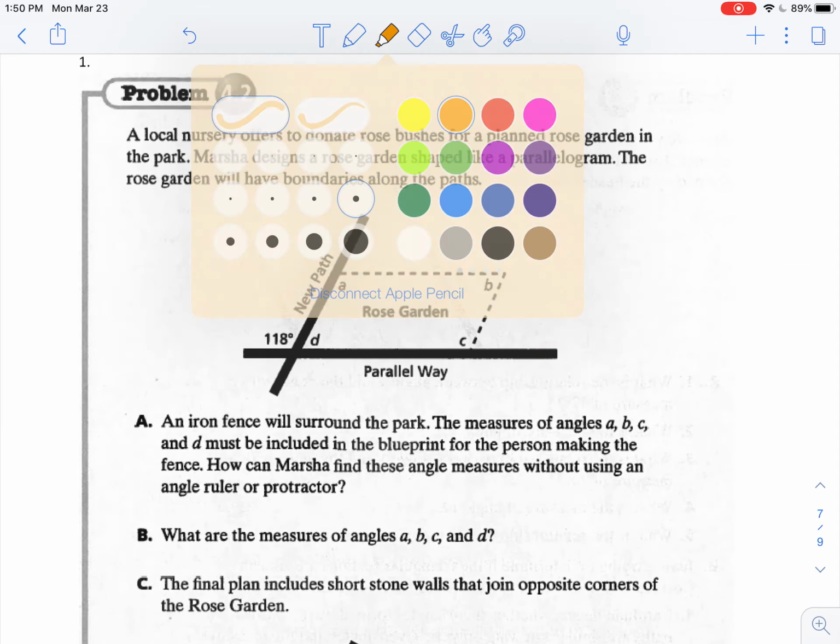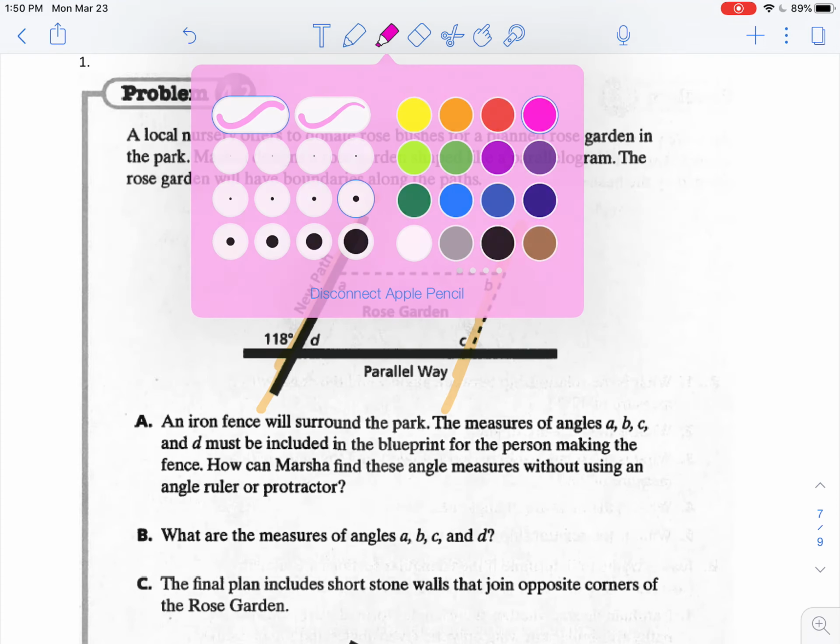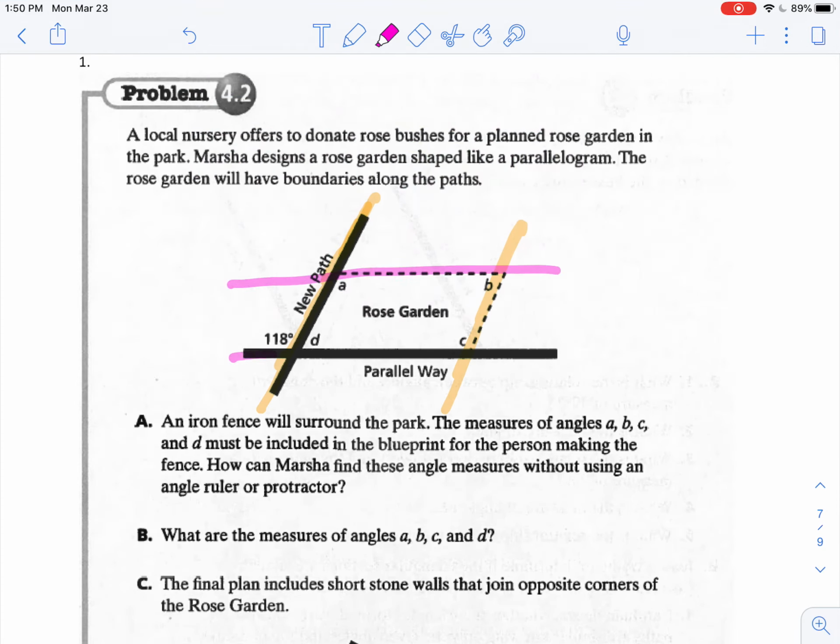This one right here, everybody's on page 33 now. 33, I just want to give you a little bit of a hint here. Remember, this is parallel to this. See those orange lines? They're parallel to each other. And see these pink lines? They're parallel to each other.